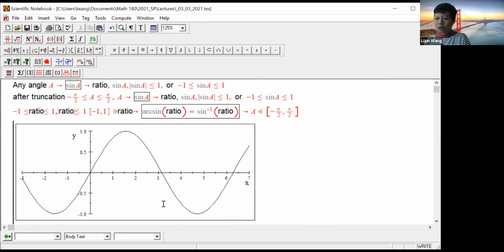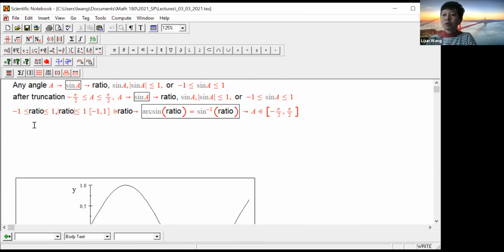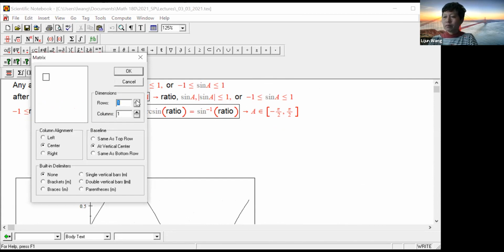So I'm going to truncate. We know the truncation. We marked some points, didn't we? So what are the points we have marked? I'm going to set up a table. You guys are going to work with me patiently.